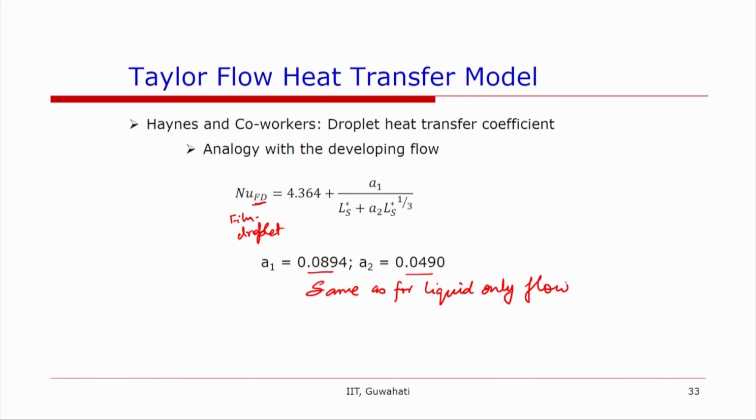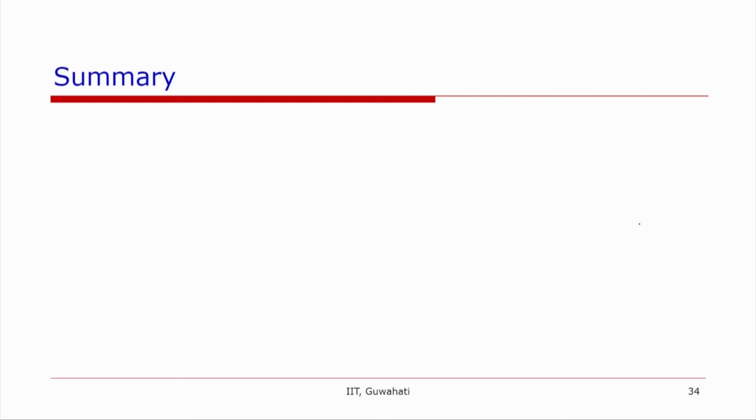So, one can obtain the Nusselt number for the liquid only flow from this correlation, and then the system of equations becomes closed. So, one can calculate the overall Nusselt number in a unit cell in the Taylor flow regime.